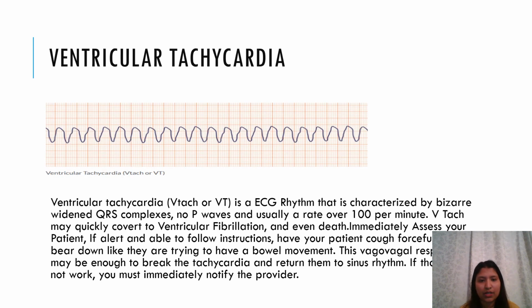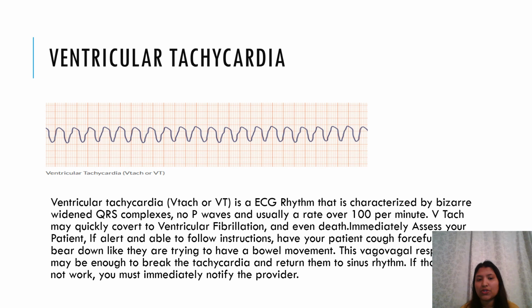Ventricular tachycardia, VTAC or VT, is an ECG rhythm that is characterized by bizarre widening QRS complexes. There is no P wave and usually the rate is over 100 per minute. VTAC may quickly convert to ventricular fibrillation and even death.